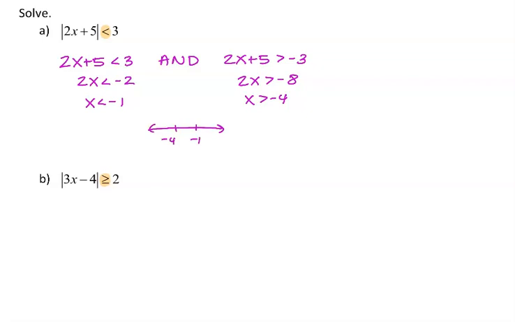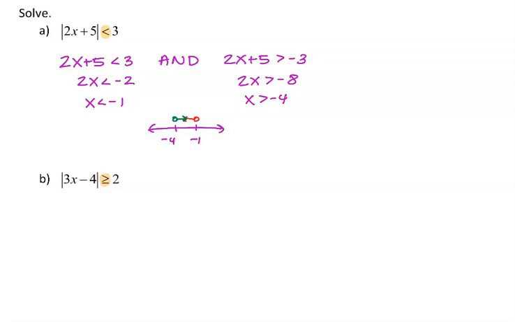Saying that x is less than negative 1, you can imagine that going to the left from negative 1, and saying that x is greater than negative 4, you can imagine that going to the right from negative 4. And so with this and statement, you can see how the values are trapped in between negative 4 and negative 1. And that's going to be our solution.